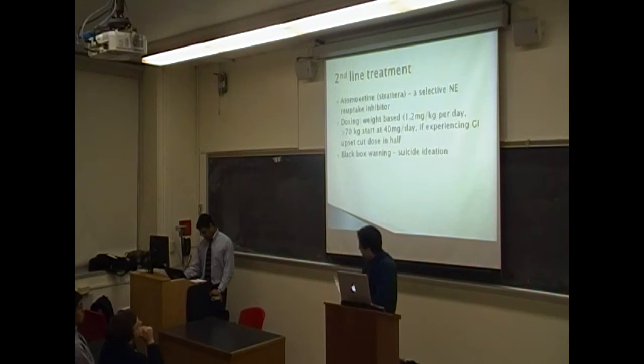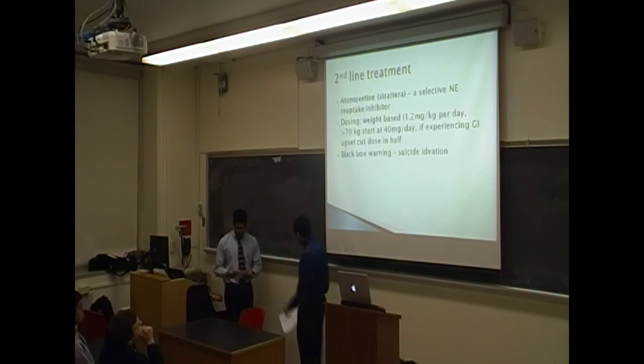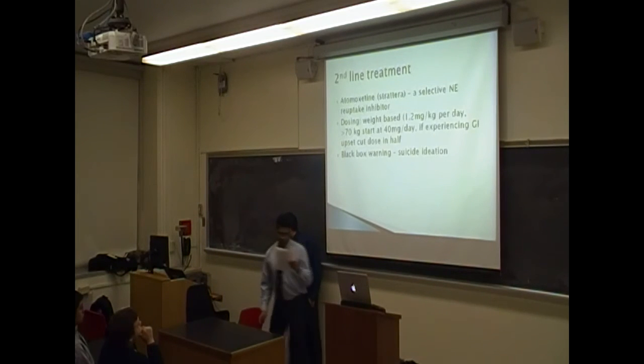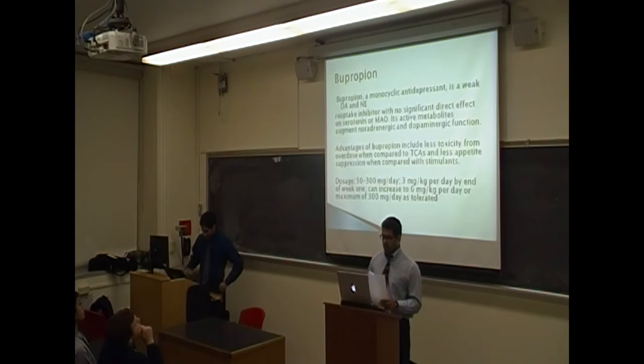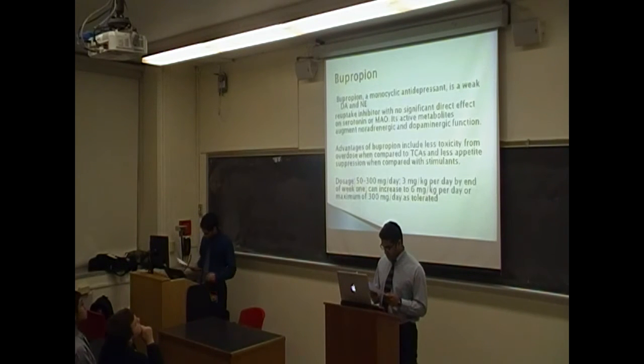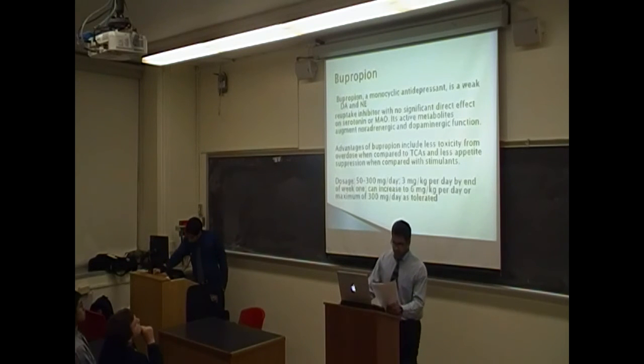Another second-line agent that can be used to treat ADHD is bupropion, which is a monocyclic antidepressant that works mainly via the dopamine and norepinephrine pathways in the prefrontal cortex.